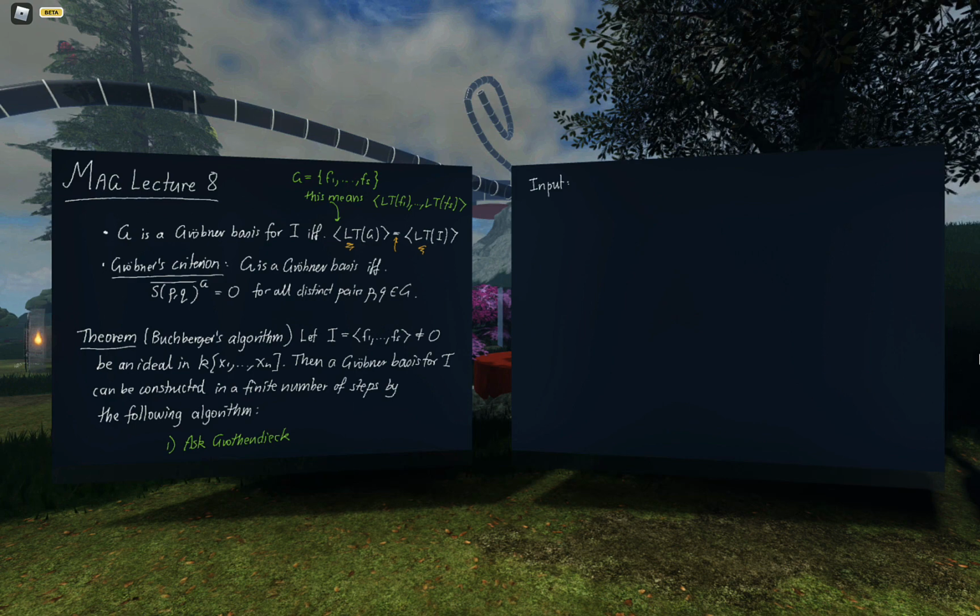So the input is going to be some generating set f for our ideal, as a sequence. It sort of matters that it's a sequence because remember we need to do some divisions. We're going to compute S polynomials and their remainder upon division, and the order of the division may matter, right? Because we don't have a Gröbner basis to start with.